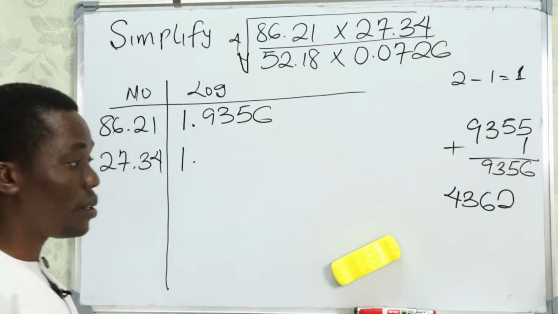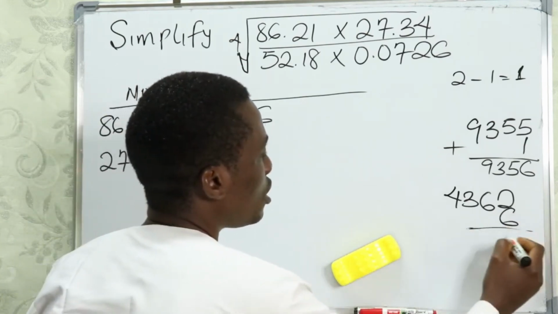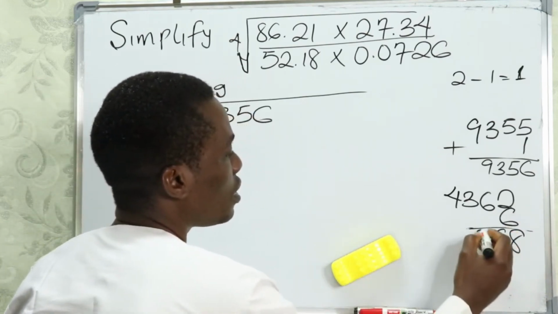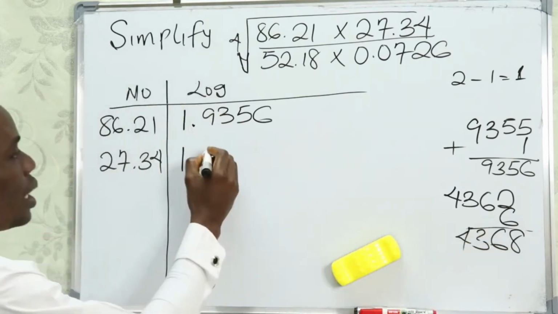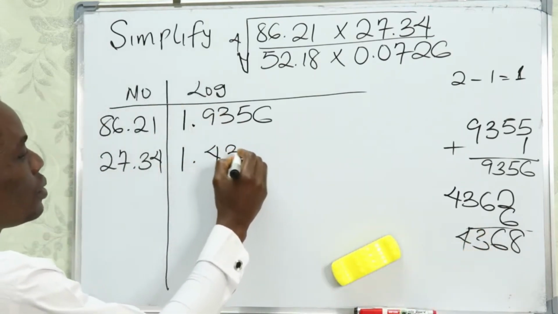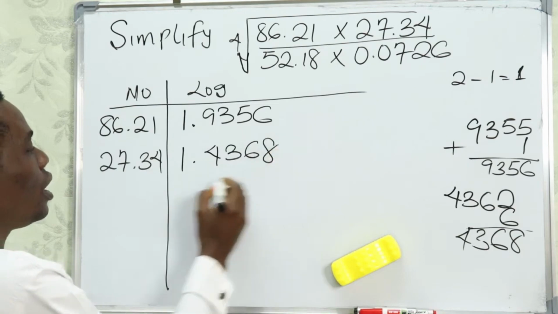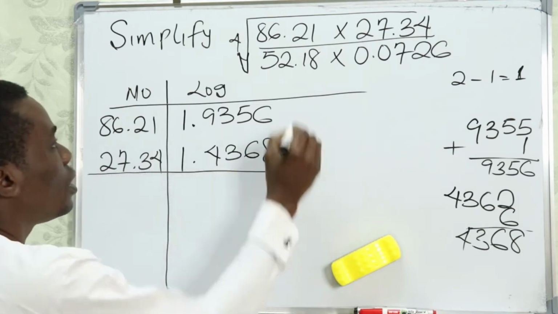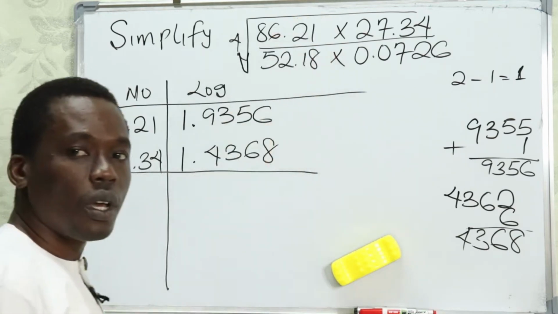Difference 4 will give us 6, so we'll add 6 to this. This will give us 4368. Good. That is for the numerator of the fraction.